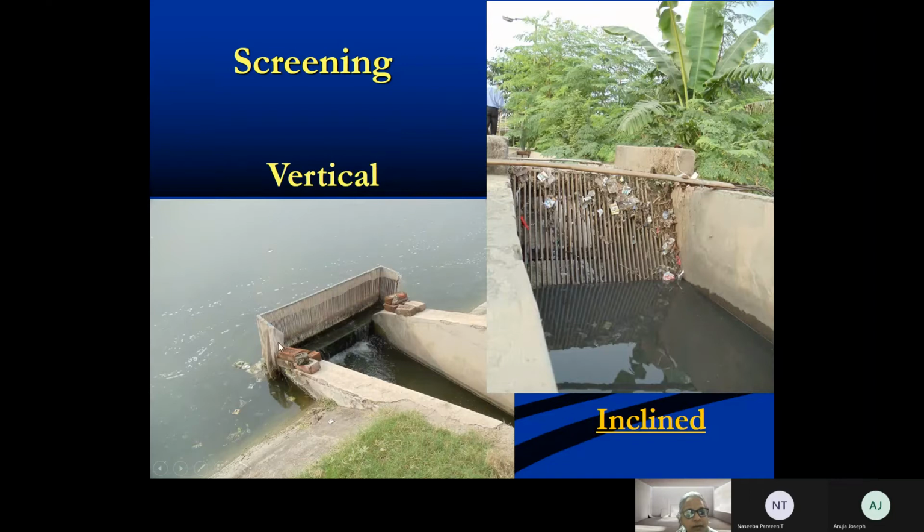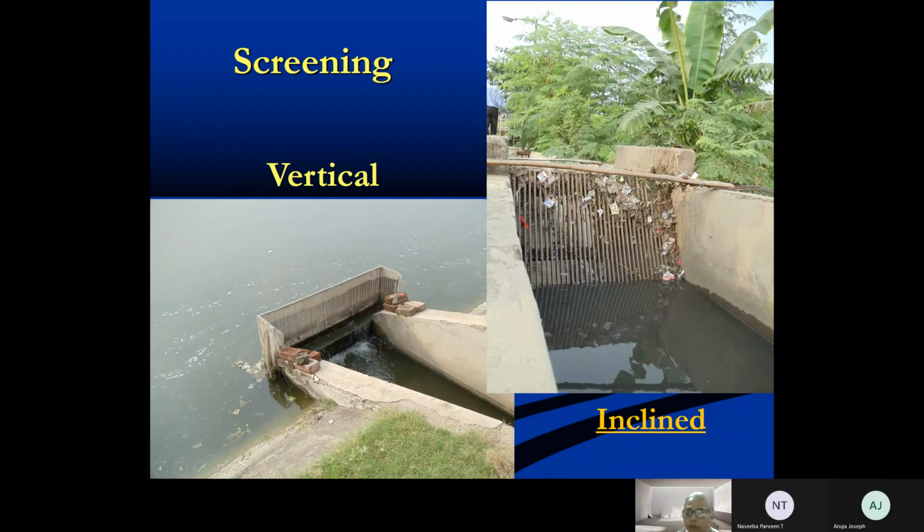So the water that is coming into the wastewater treatment plant is passing through these parallel bars. And like I said, they can be either vertical or inclined. In this case, they are static bars and they have to be cleaned manually. But in some wastewater treatment plants, the more modern plants, you have mechanical screens, so they are automatically cleaned. The way they are designed, they get cleaned mechanically.